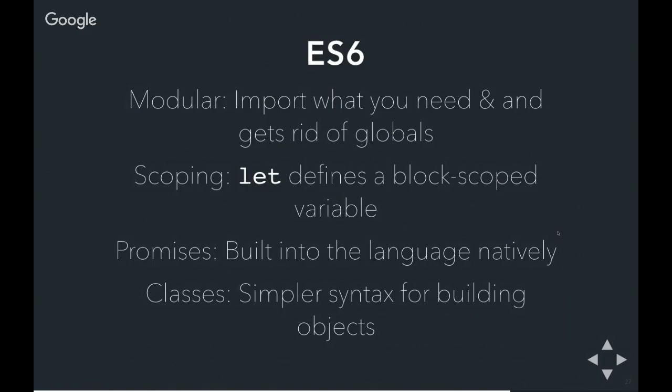So that way, we can expect variables to be defined when they are. We have promises built into the language natively, so we don't need any promise polyfilling library. And we have classes for doing object-oriented programming and providing a much simpler structure than the prototype chain.